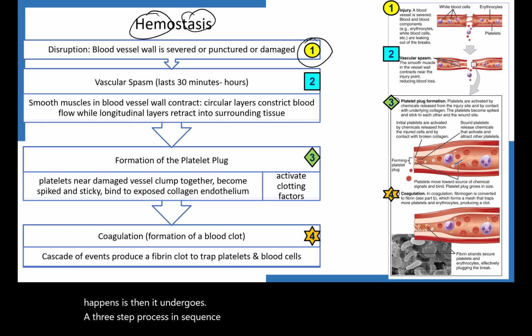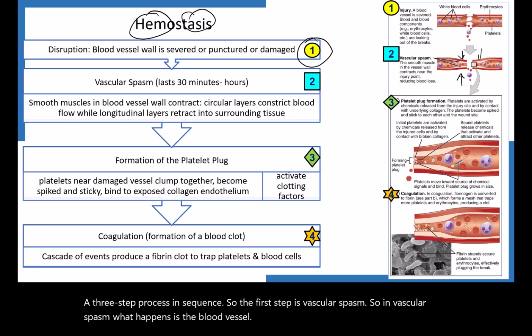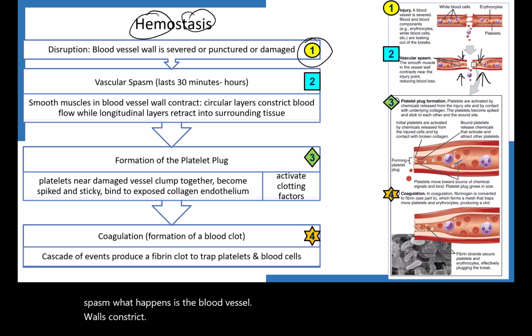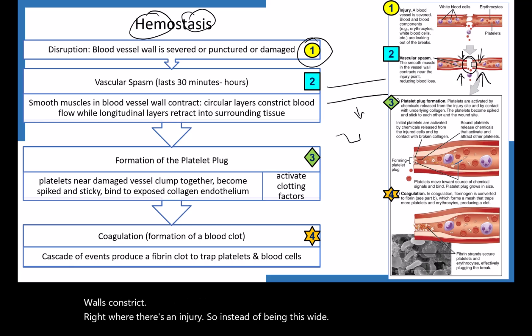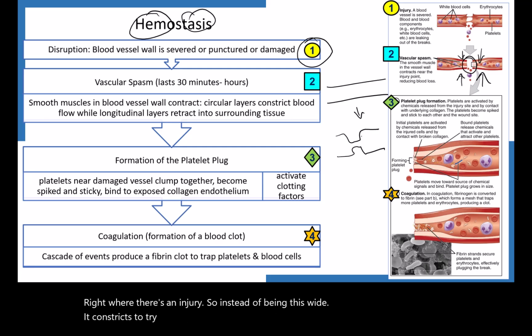The first step is vascular spasm. In vascular spasm, the blood vessel walls constrict where there's an injury. So instead of being this wide, it constricts to try to prevent blood loss over here.